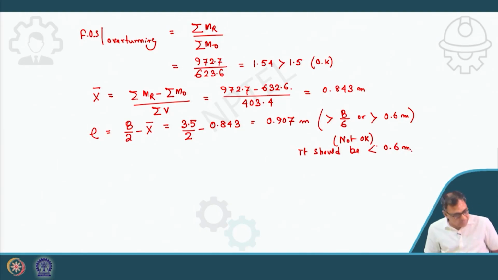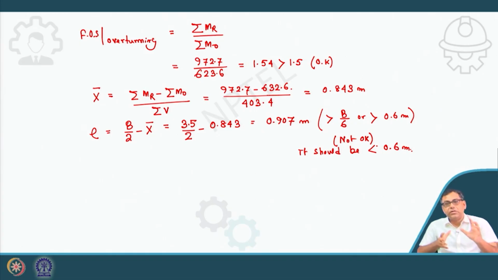Clear? So, that means I have to modify the design so that I will get a proper dimension. Now, with this dimension, it is safe against sliding and safe against overturning, but the no tension zone check is not safe.